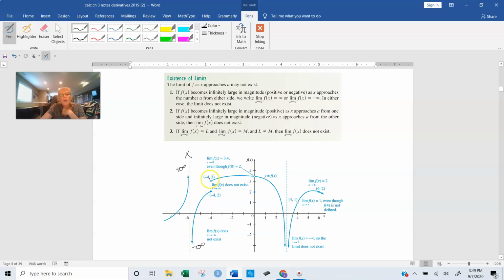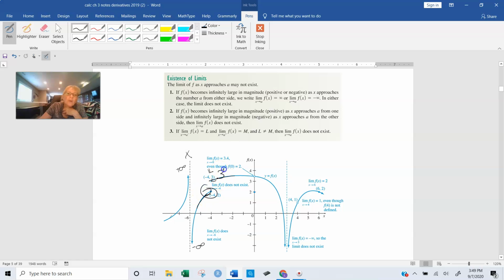Okay, if you look here, right here at this section, it approaches -4, and this one here, I'm sorry, approaches 3. I said that wrong. As it approaches -4, it equals 3 at this point, but 2 at this point.